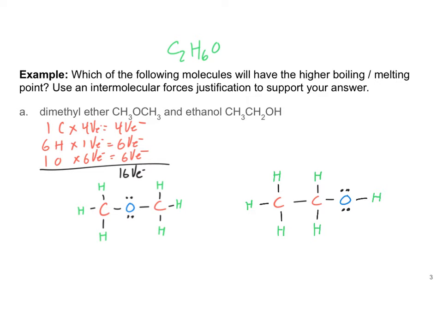So for the first molecule, I have a carbon and a hydrogen, and I have a carbon and an oxygen, and that's kind of it. Those are the bonds that are present, I think. So carbon and hydrogen, yeah, that seems about right. So if I was going to go ahead and identify the types of bonds that we have here, carbon has an electronegativity value of 2.5.